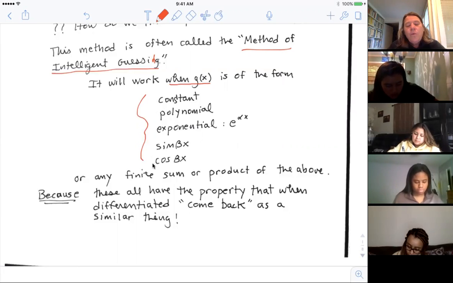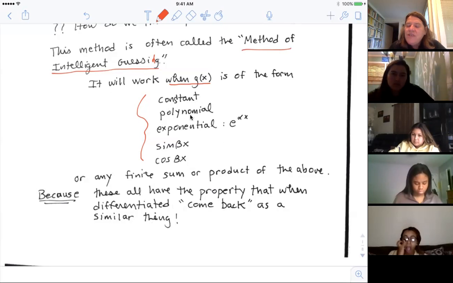Now, when we start to see how we do this method, you'll see why it only works on these. But the reason I can give you up front is that they all have the property that when they're differentiated, they come back as something similar. If you differentiate a constant, you get a constant.